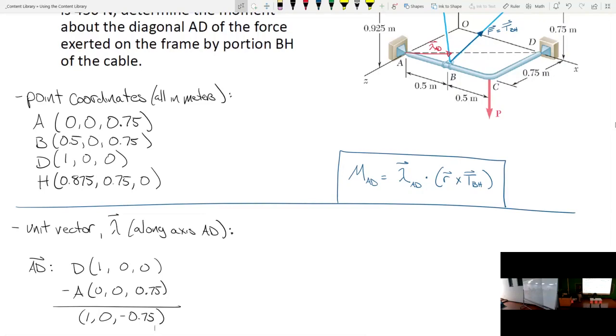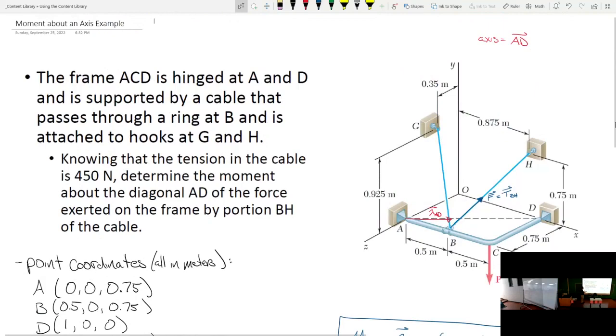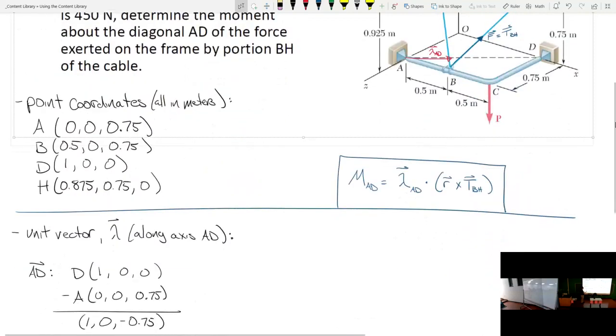If I go from A to D, I'm going in the positive x direction 1. I'm not changing on the y, but for the z, I'm going back negative 0.75. So see how our math matches what's really going on in the problem? Everybody okay with that? All right.